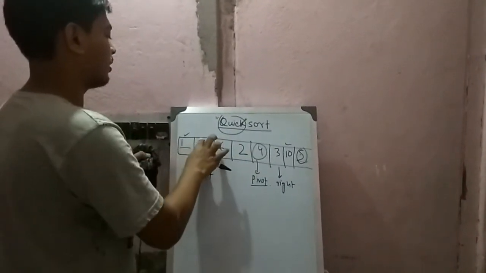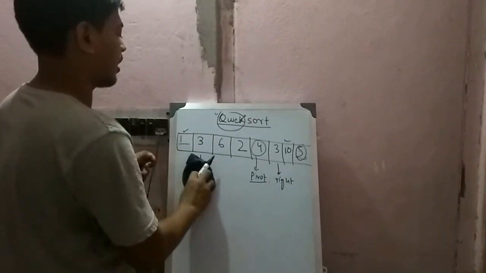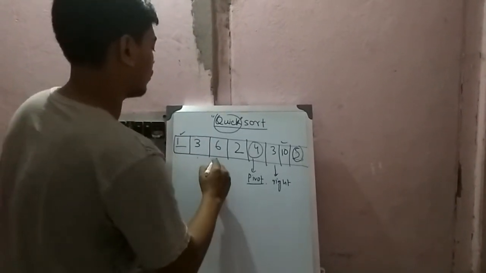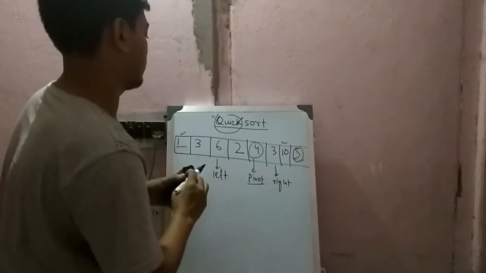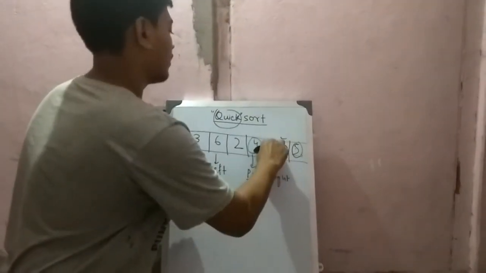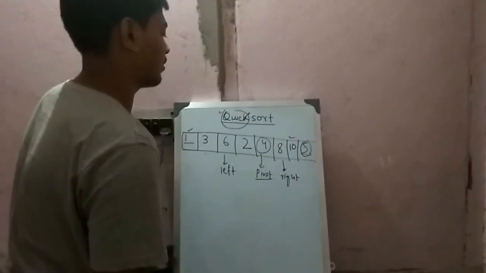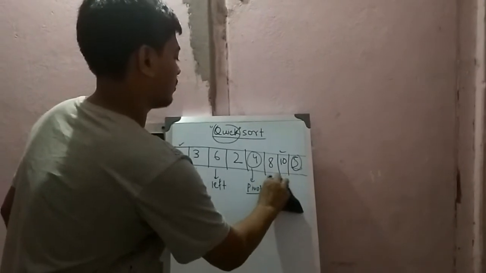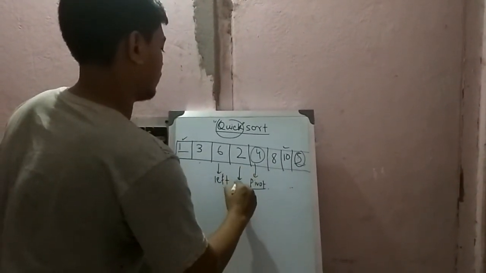So here 3, and move the left pointer to 1, and here 8. Move the right pointer to this.